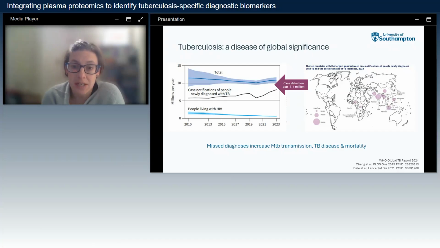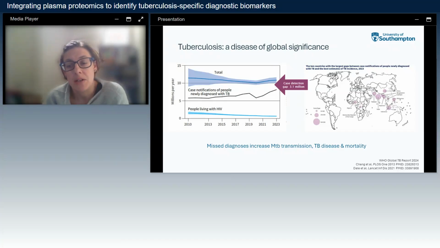Essentially, TB affects over 10 million people a year, and 1.3 million people die. This big gap in the middle, highlighted by the arrow, shows a case detection gap of approximately 3.1 million people globally. So 3.1 million people are coughing up TB over other people, carrying on driving the pandemic, and are not being picked up by current diagnostic methodologies.